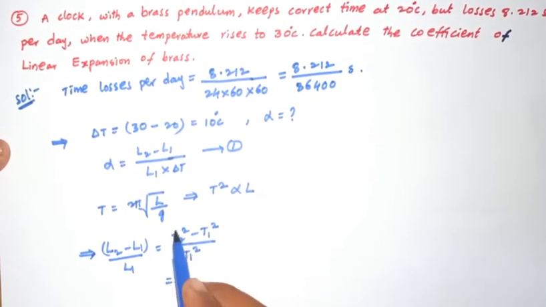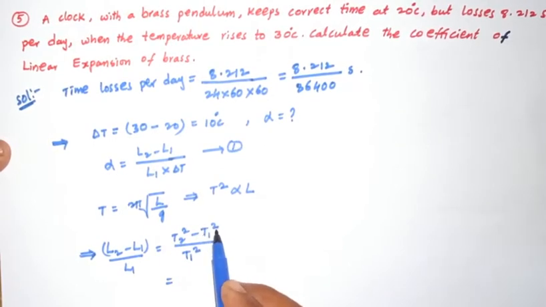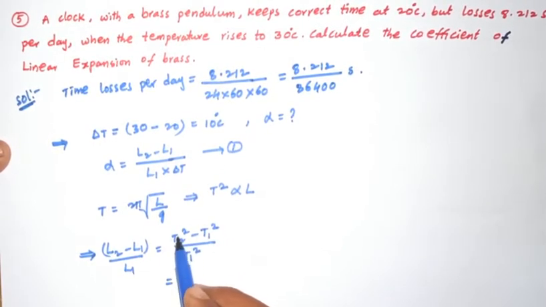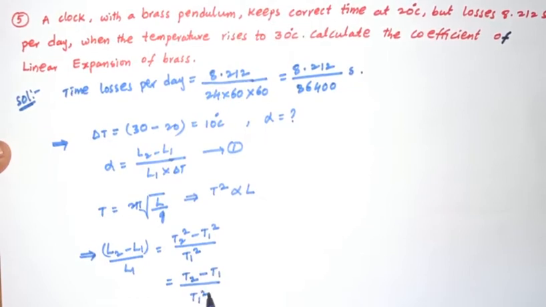It is a plus b into a minus b, like that, a square minus b square. So (T2 minus T1) divided by T1 square into (T2 plus T1).